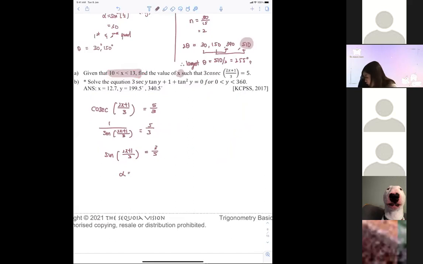So find basic angle, change it to radian mode. You will have 0.6435. Then sine is positive, so it's the first and second quadrant.